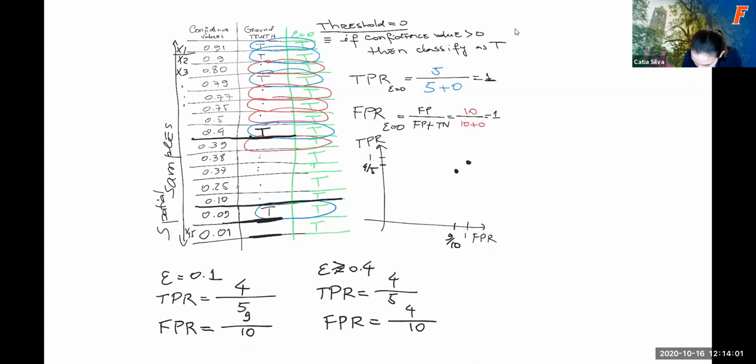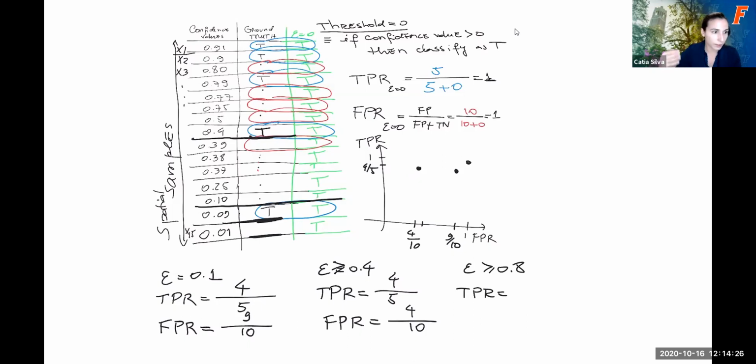So somewhere around here, 4/10, and 4/5. So it's going to be here. Okay. So let's do 2 more. Let's do thresholds greater or equal to 0.8. What's the TPR?